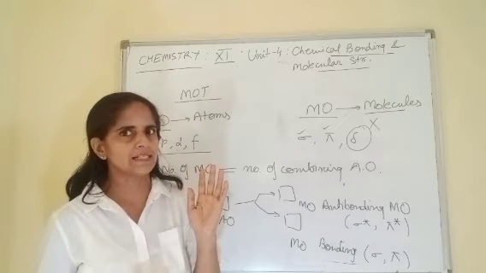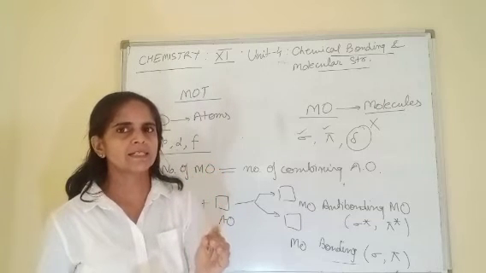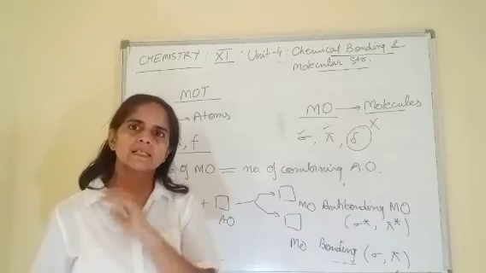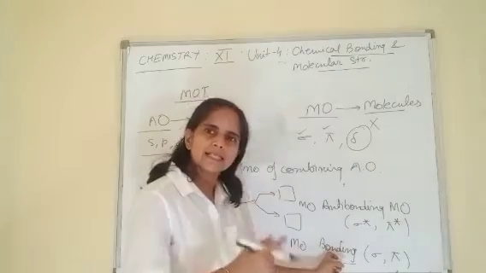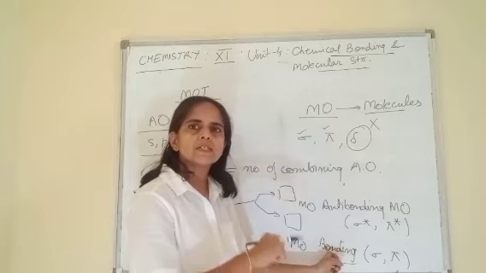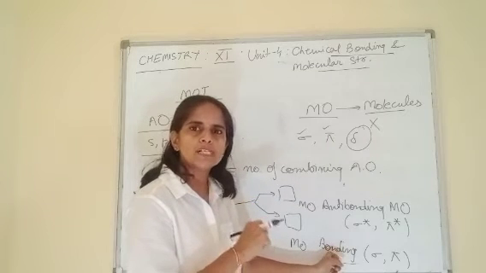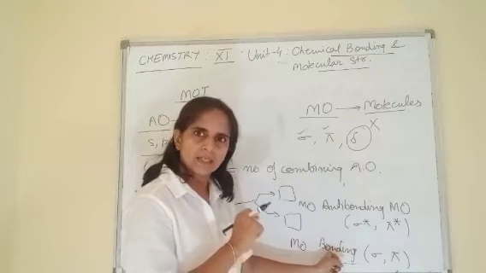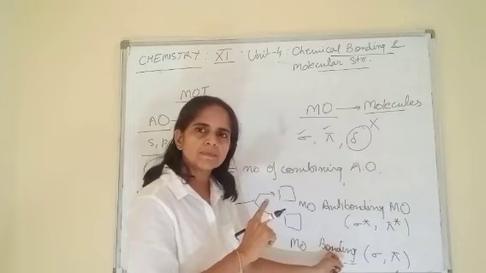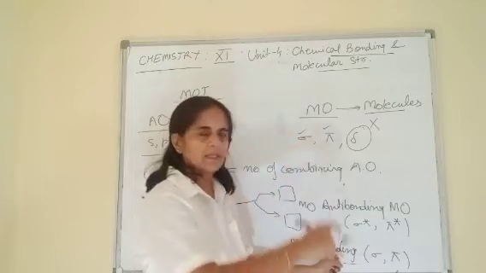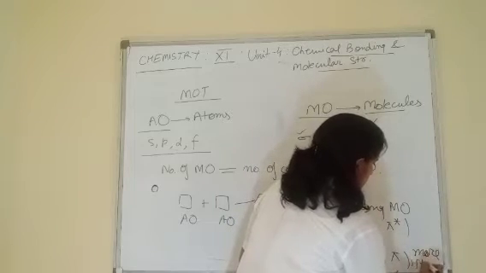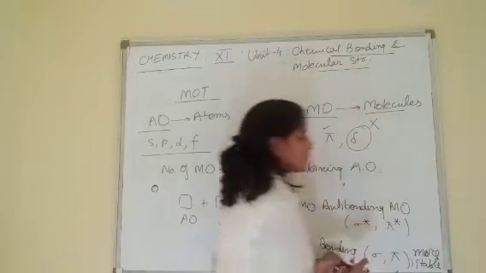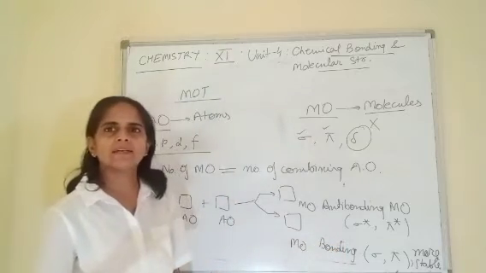Now you can easily answer me. Lesser is energy, greater is stability. So bonding, as it is less in energy, is more stable or less stable? Less energy means more stable. More stable because lower is the energy level.